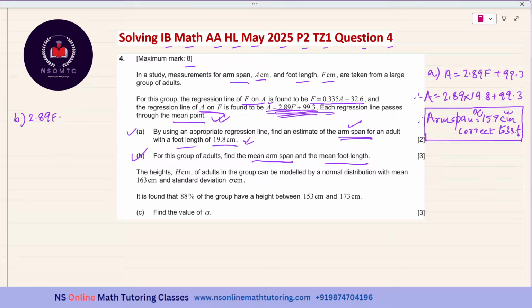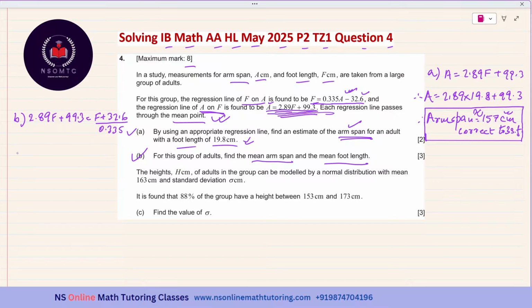This is equal to A. So we have to get the expression of A from this equation also. So it will be obviously F plus 32.6 divided by 0.335. Okay. So A will be equal to F plus 32.6 divided by 0.335.